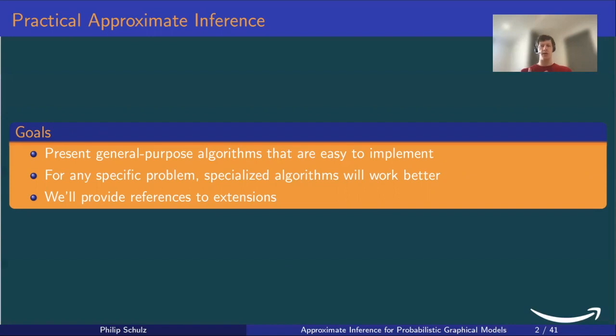What I really want to present is two general purpose algorithms that you can just apply out of the box and that will just work for most problems. But bear in mind that there may be a better solution around for any particular problem that you have. At which point you might ask, well, why would I use these general purpose algorithms in the first place then?